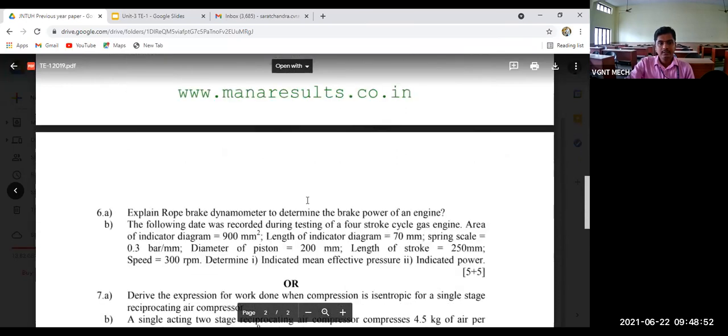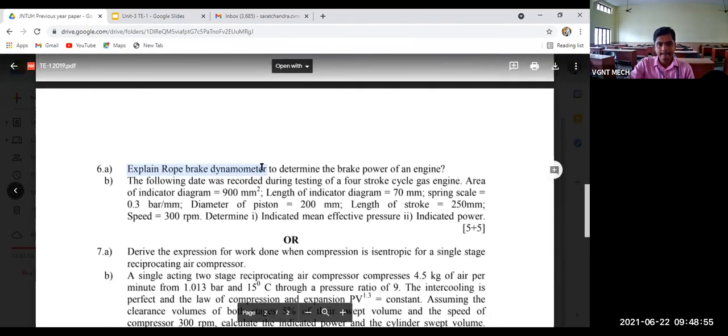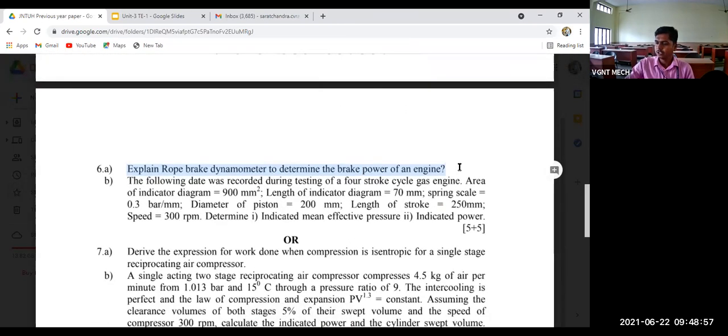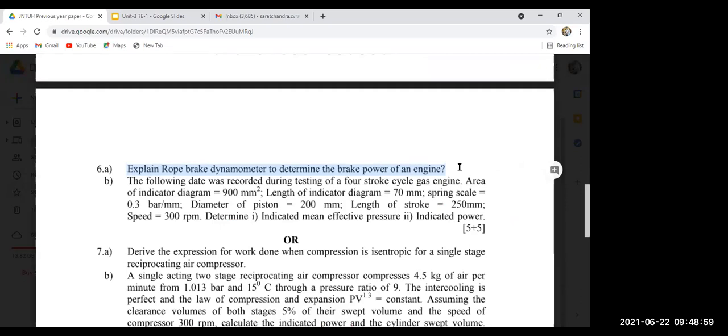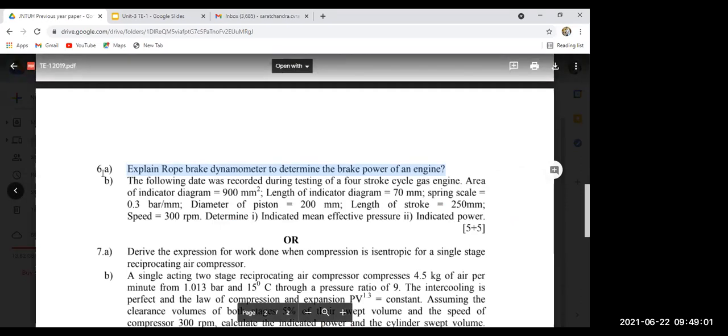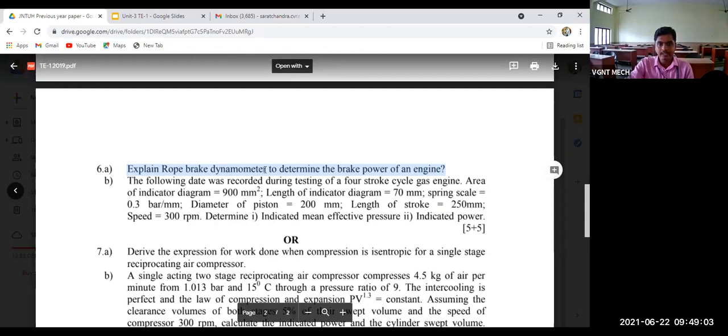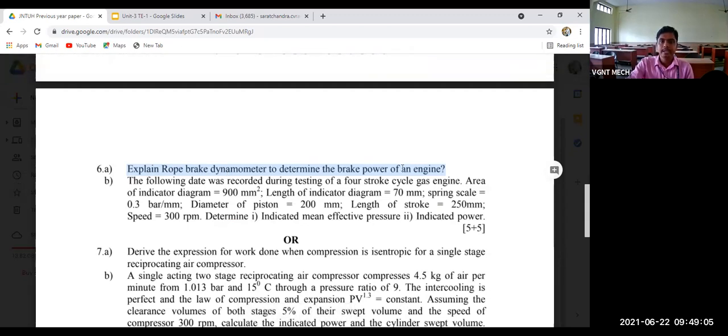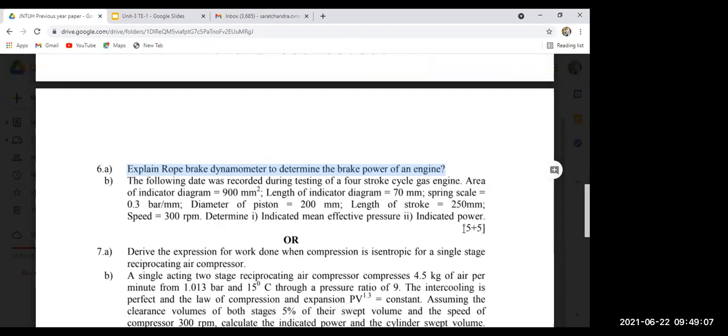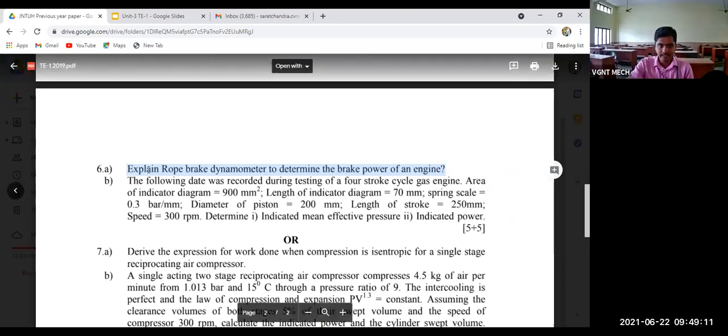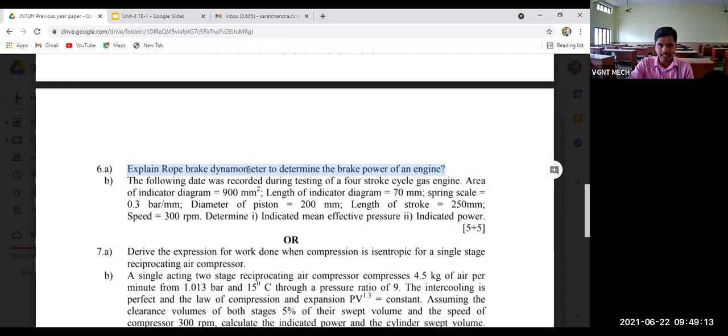Here you can see question number 6A. What is question number 6A? Question number 6A is: explain rope brake dynamometer to determine the brake power of the engine, 5 marks. So it is a theoretical question they have asked.